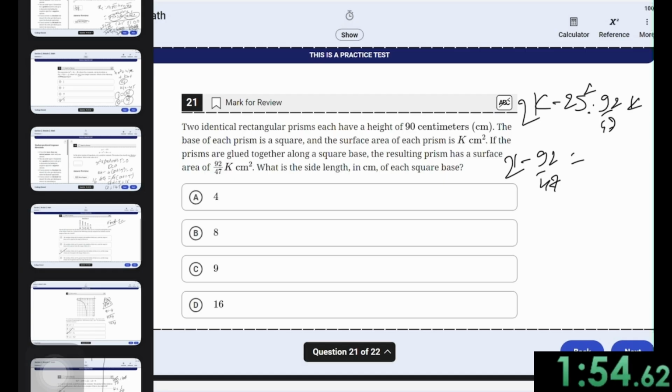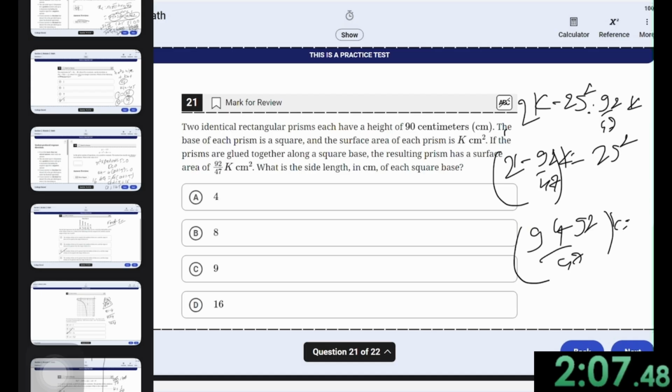So 2 minus 92 by 47 equals 2s square. Okay, so this is k times (94 minus 92) divided by 47, equals s square. So s square is equal to k by 47.